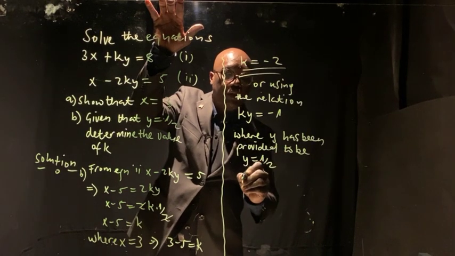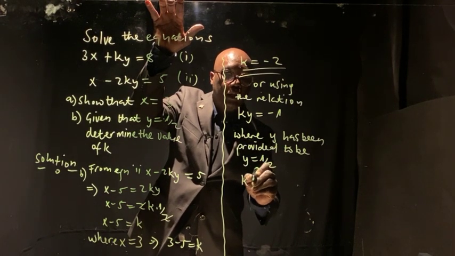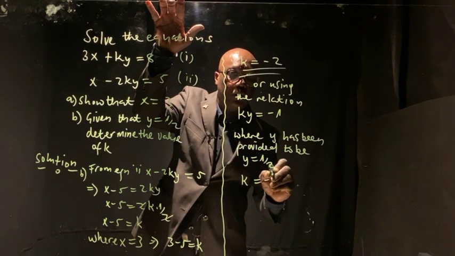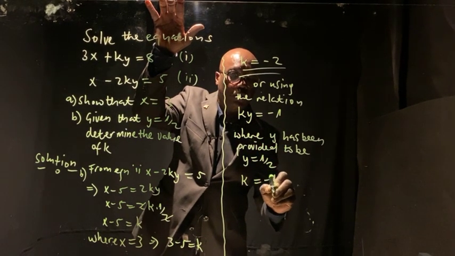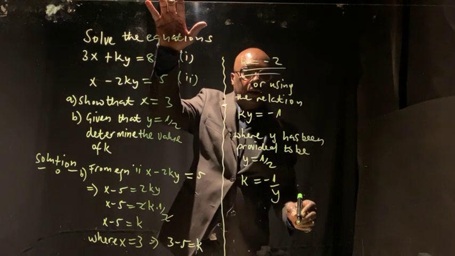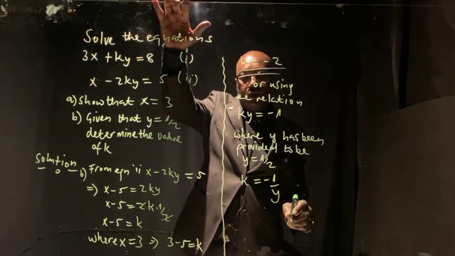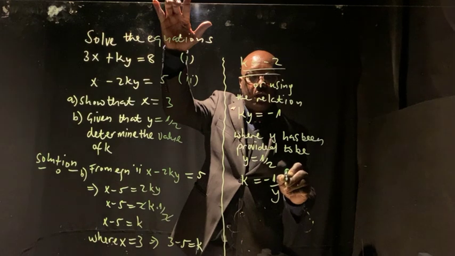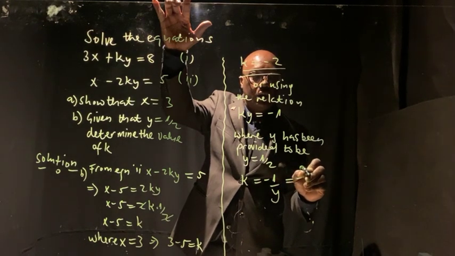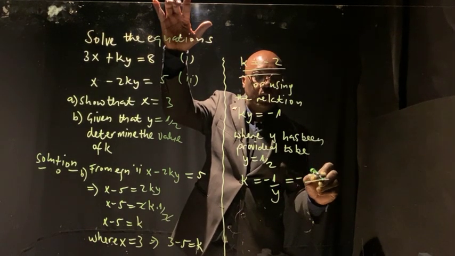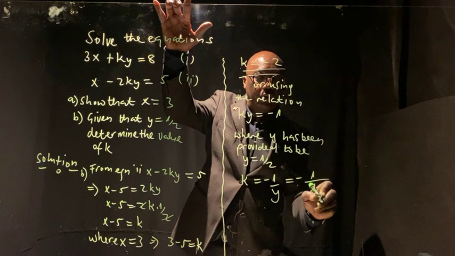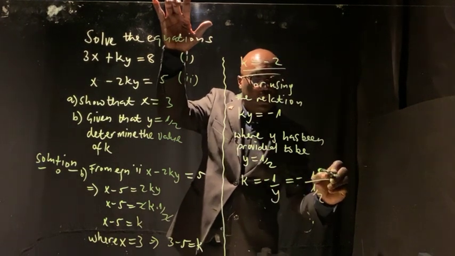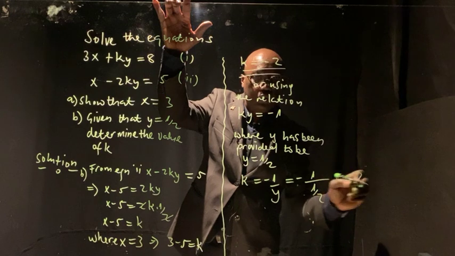So instead of ky, we say k equals minus 1 over y. But we know that y equals half. Therefore, it equals minus 1 over half, which is minus 2.